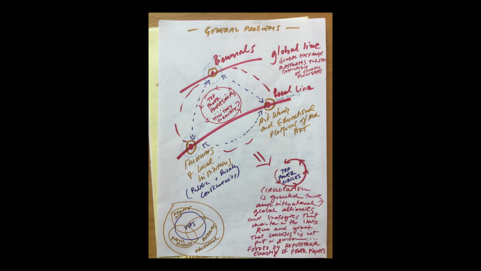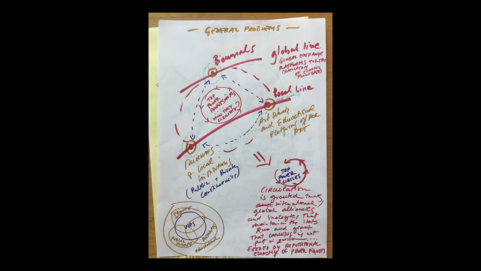I cannot enter in details of how money and this financial part works. It is a theoretical part of the thesis, which would need an hour on its own. But I'm looking at how biennials are interconnected with museums and local institutions. I'm looking at public institutions, and I will explain later why.